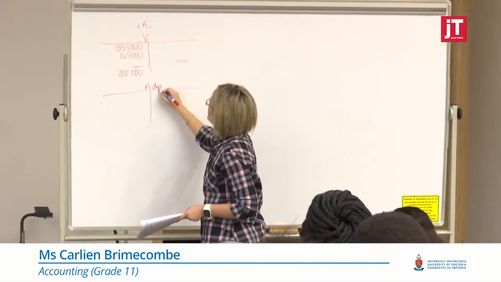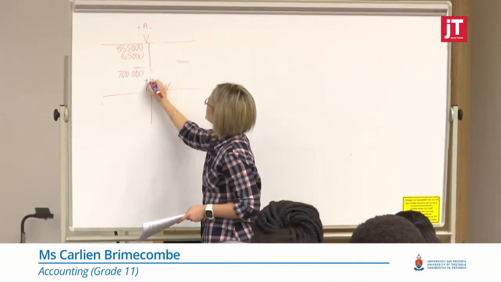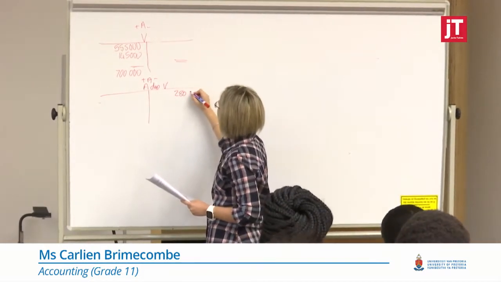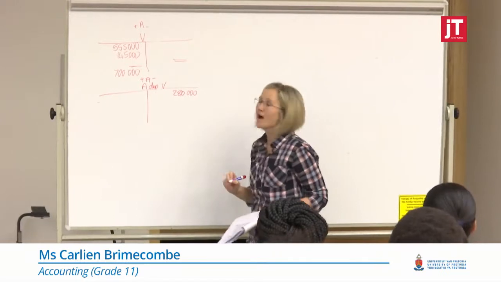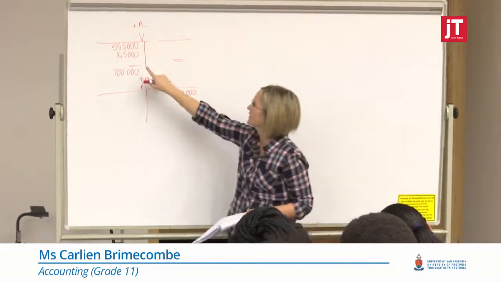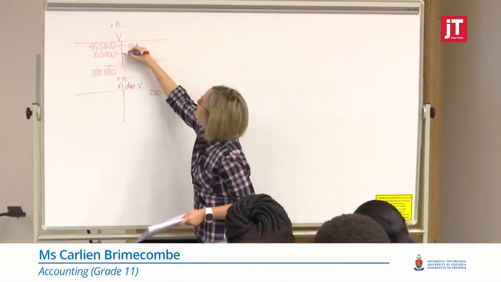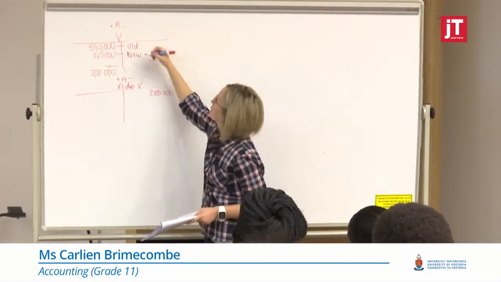Accumulated depreciation on vehicles is a negative asset. They said to us the balance in the beginning is 280,000. So now what do we need to do? We need to calculate depreciation on the old plus the new. But how do we calculate depreciation on vehicles?